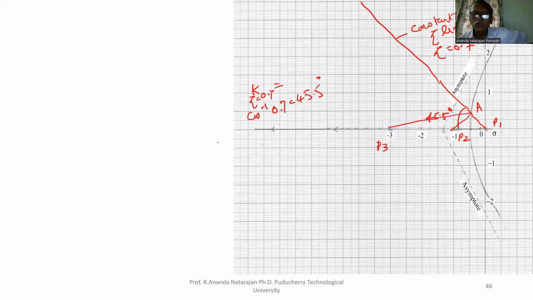The length equal to AP1, AP2, AP3. If you know all these lengths, we can find the value of k. You can measure. Suppose this is equal to 1 centimeter. Means you can measure the length by using your scale, and you can substitute. You can find the value of k.